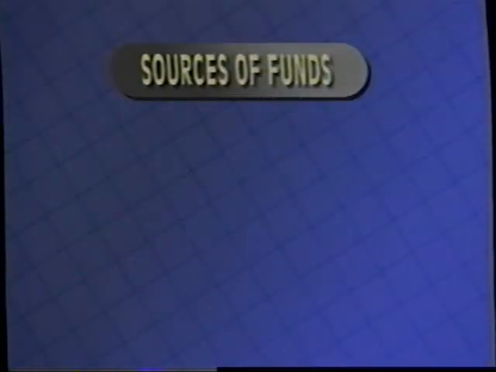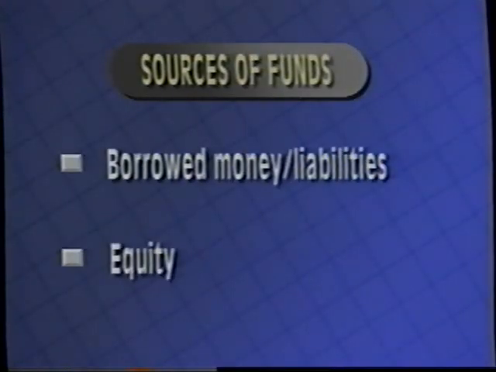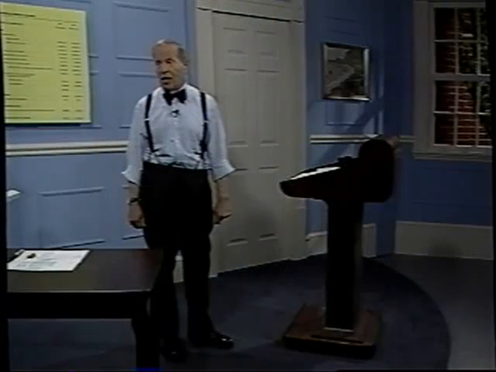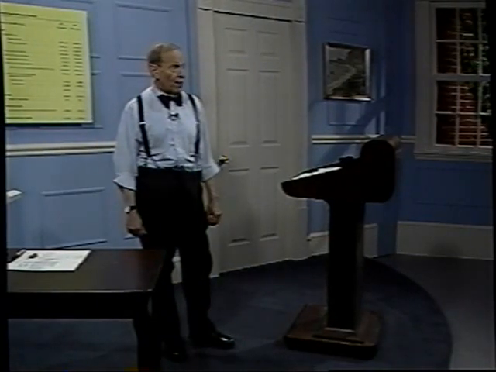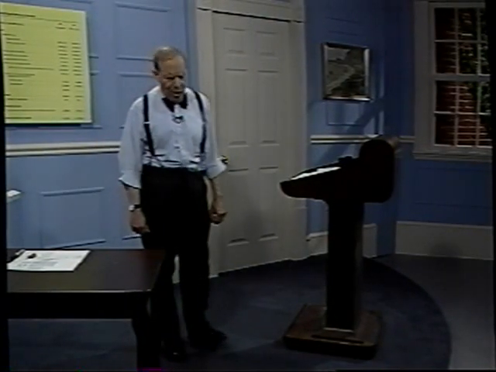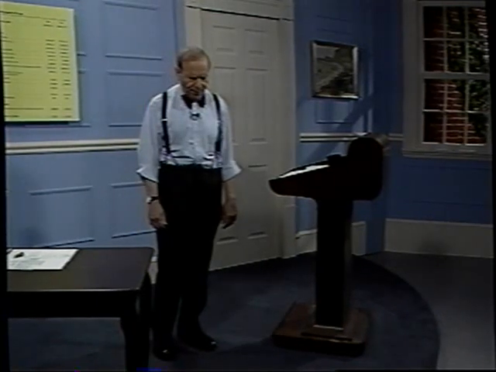The sources of funds for a company then are either borrowed money or equity. Borrowed money can also be called liabilities, and you'll see that on a balance sheet. And in fact, in the XYZ balance sheet, which again I'll be referring to throughout this session, you'll notice that they're called liabilities.